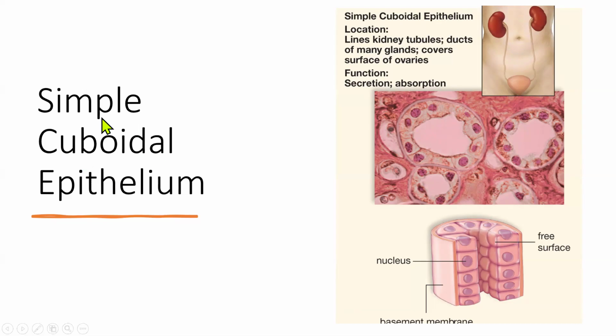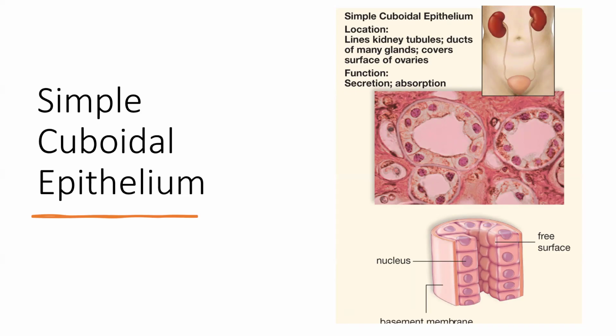The cuboidal ones offer a little bit more protection, and they are often found around the ducts of different glands. A gland is something that makes secretions in the body. For example, you might have a sweat gland. In females, there's the mammary gland that produces milk. There is the prostate gland in men.